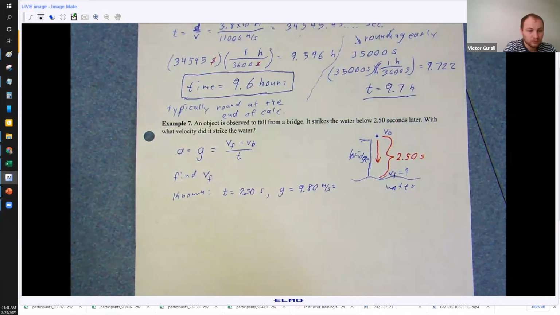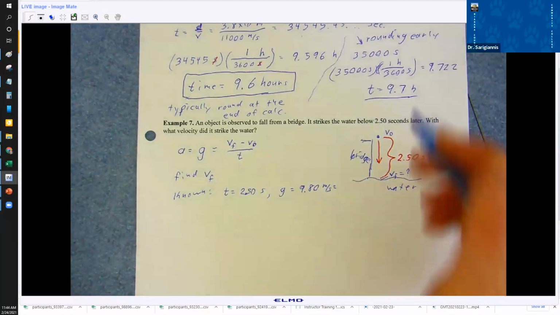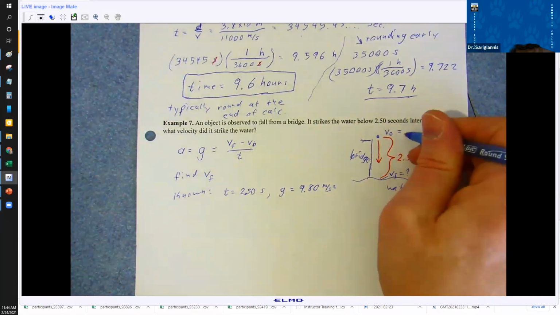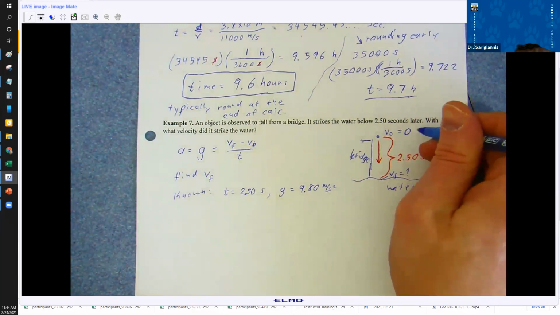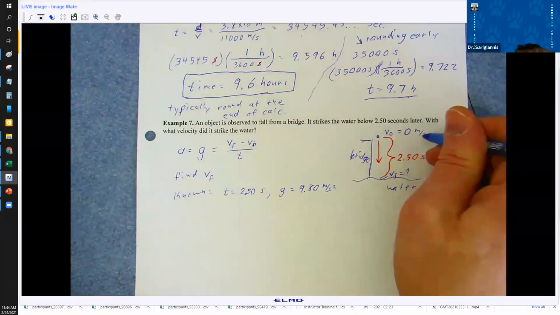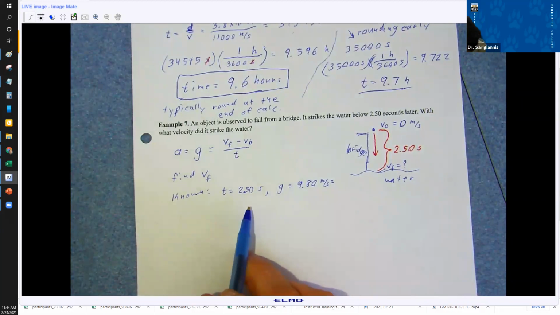Because it's dropping from the bridge. Someone's dropping it off, or it sort of tumbles off the bridge. I don't know. So its initial velocity is 0. And we're using meters per second up here, or the units are SI.